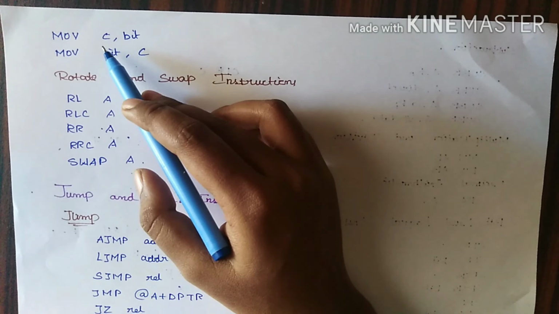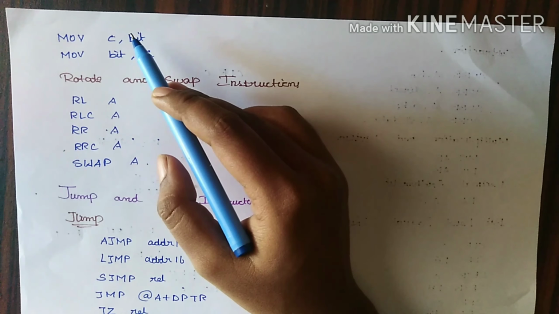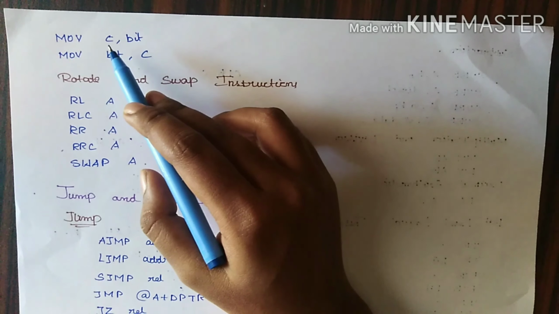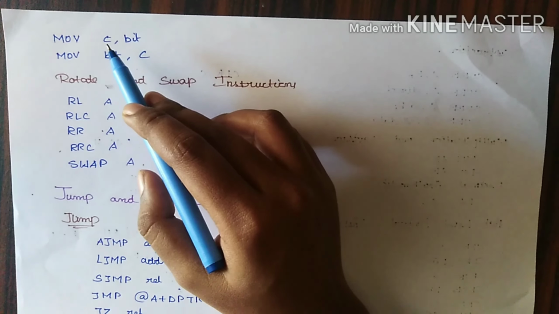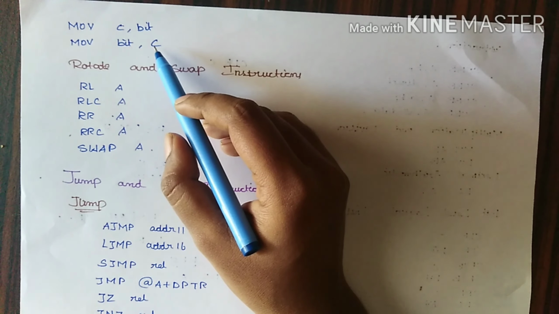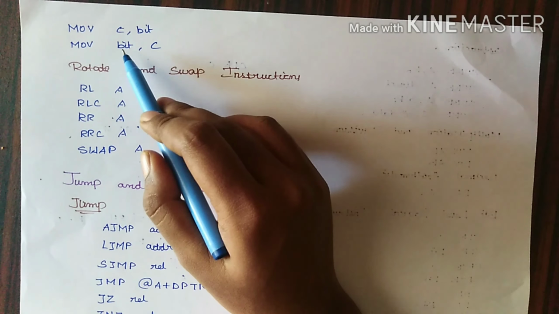We give the carry flag and indicate the address of a bit, so that the data of this bit will be copied to the carry flag. And in the next instruction, the data of the carry flag will be copied to the directly mentioned bit.